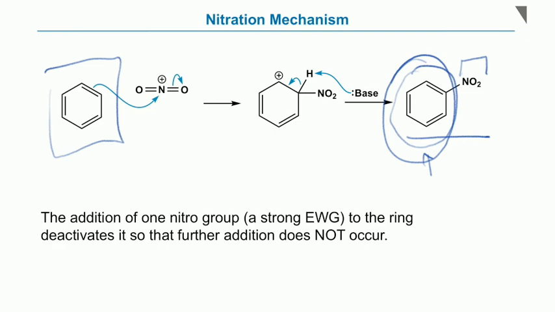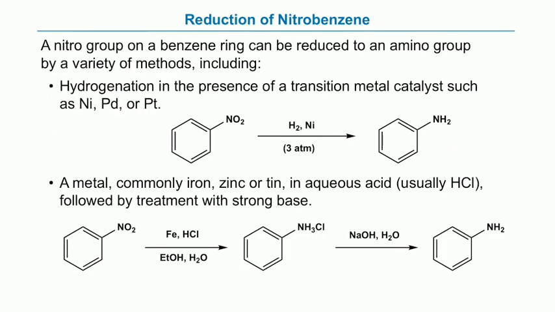This is not like the case of reductions of your esters. Remember, reducing an ester produces a ketone, which is actually more reactive to your reaction conditions. This is a case where you can hit it once and it will stop. Now, why the nitro is used, in addition to the whole explosive thing we talk about, it's one of your best ways of installing a nitrogen onto an aromatic ring. It's kind of like what we talked about with a Gabriel synthesis.